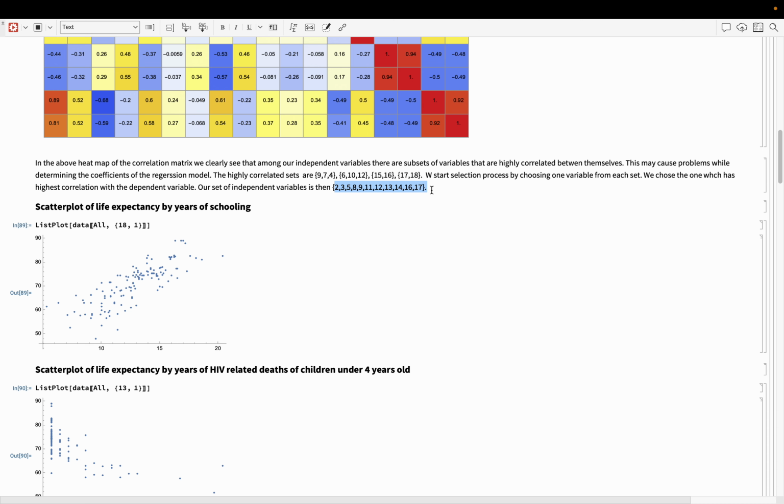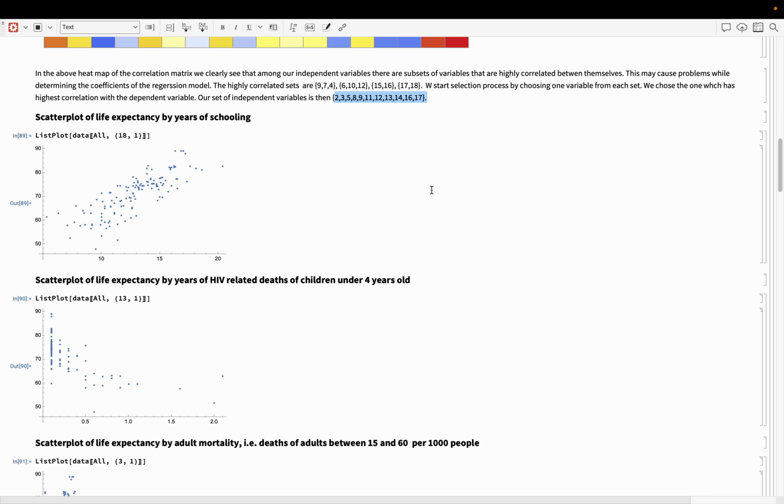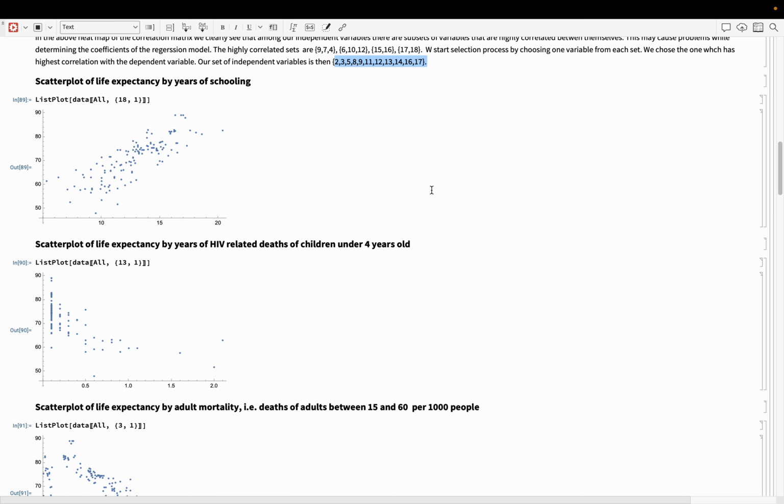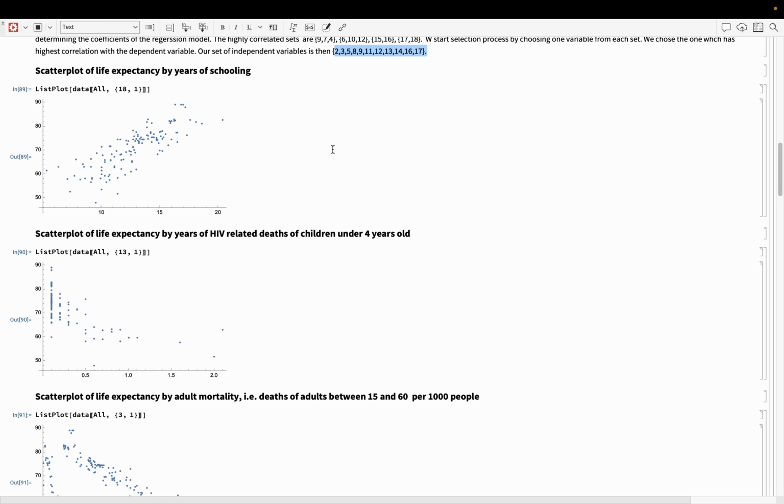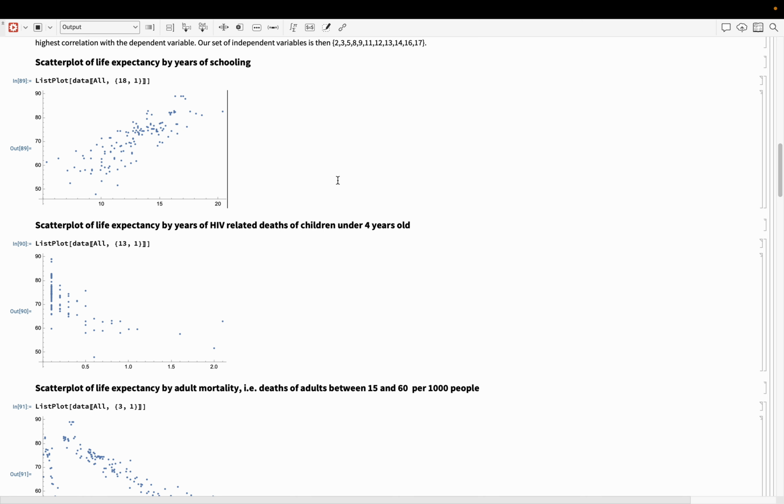Then, to see if it is really a linear model that we should use here, we look at the scatter plot of the dependent variable by at least some of the potential independent variables. Probably we should do it for all of them. However, this will take time, so let us look only at some that later on appear to be important.